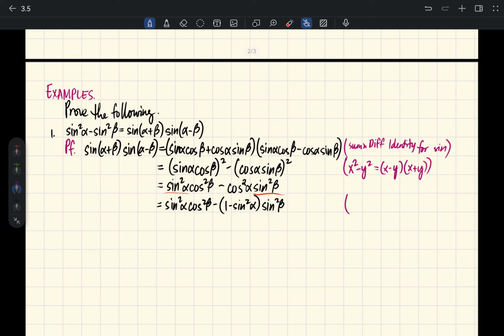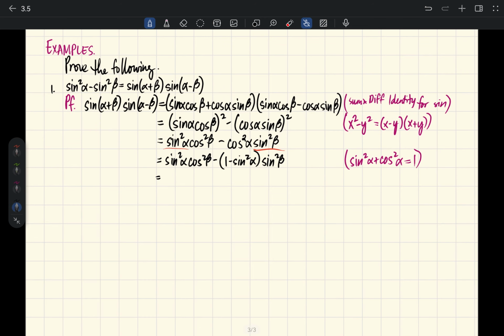So what we just did here is use the Pythagorean identity: sine squared alpha plus cosine squared alpha equals 1. Then, further simplifying, we have sine squared alpha cosine squared beta. And this one right here, sine squared beta, can be distributed inside. So we'll get here minus the quantity sine squared beta minus sine squared alpha sine squared beta.